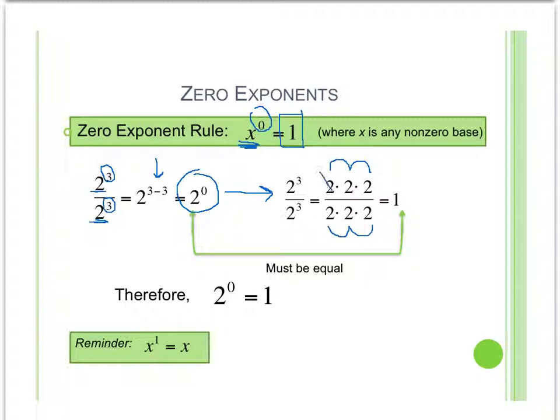We can notice that all of these have common factors, and so we are left with that being equal to 1. So again, we know that if we end up with 2 to the 0, it must be 1. And a reminder that if you have x to the 1, that is just going to give you that same base of x.